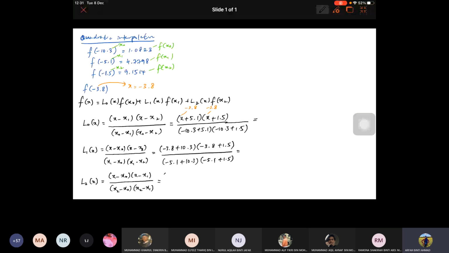Negatif 3.8 tambah 10.3, negatif 3.8 tambah 5.1 bahagi negatif 1.5 tambah 5.1. Okay. So masukkan then dalam formula F of negatif 3.8.